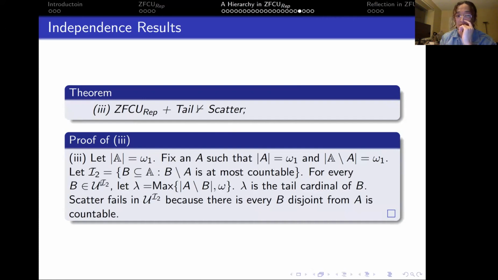And for every B in this model UI2, this cardinal here will be the tail cardinal of B. But scatter fails because A is in this model as a set, and omega 1 is realized because A has size omega 1. But there's no uncountable set of atoms that's disjoint.